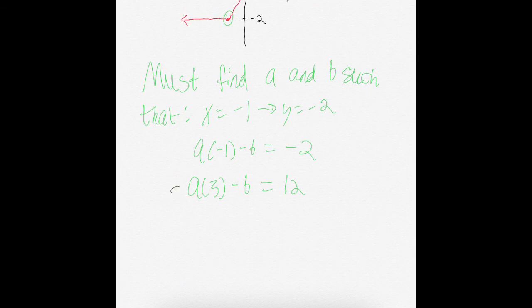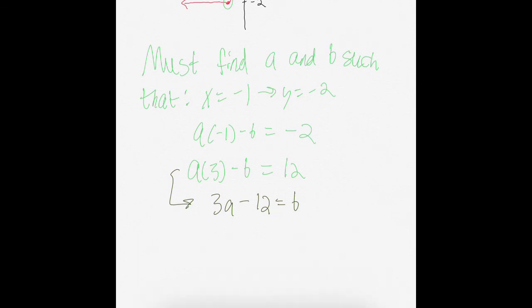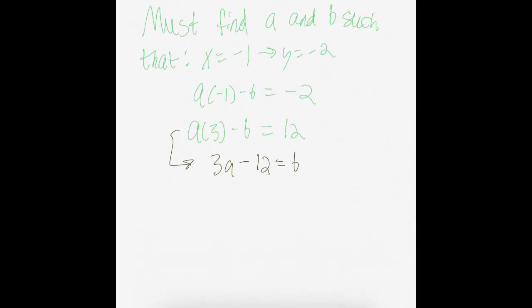Let me start with the second equation. This is the same thing as 3a minus 12 equals b, right? If I just add b to both sides and subtract 12 from both sides, then this just becomes 3a minus 12 equals b.